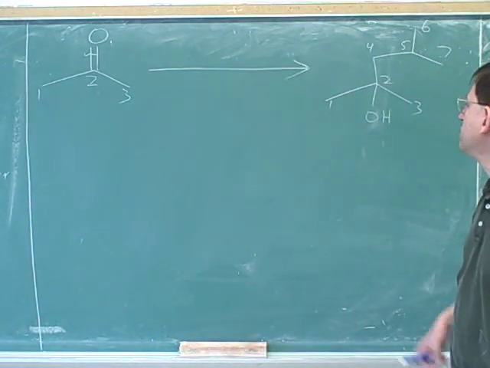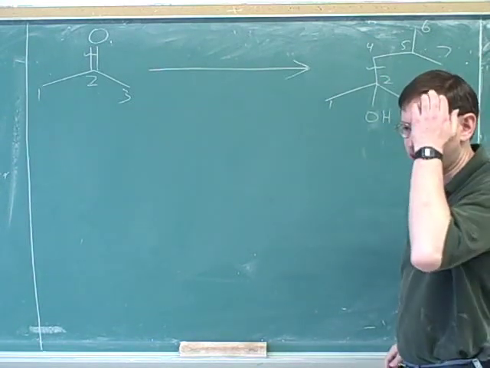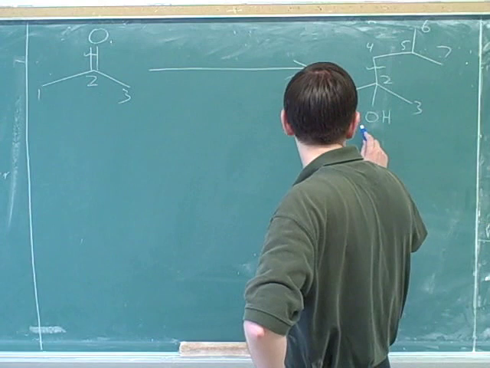Let's see then. So what was the new bond that the number 2 formed over here? With the 4 carbon. All right, so that squiggle technique here is going to be helpful to us.